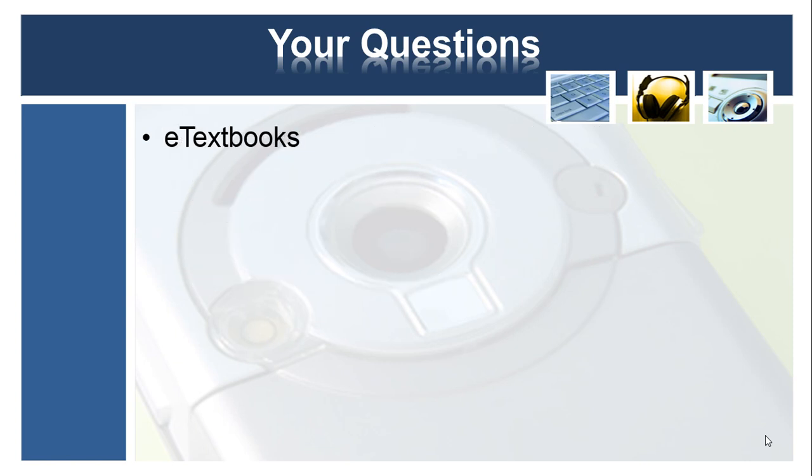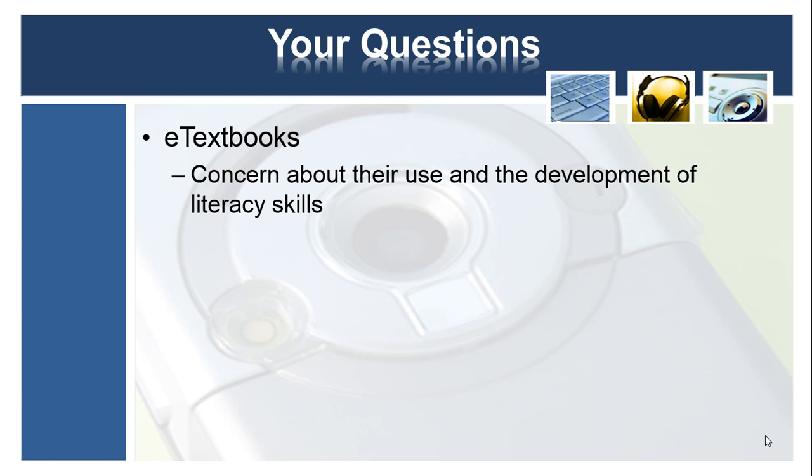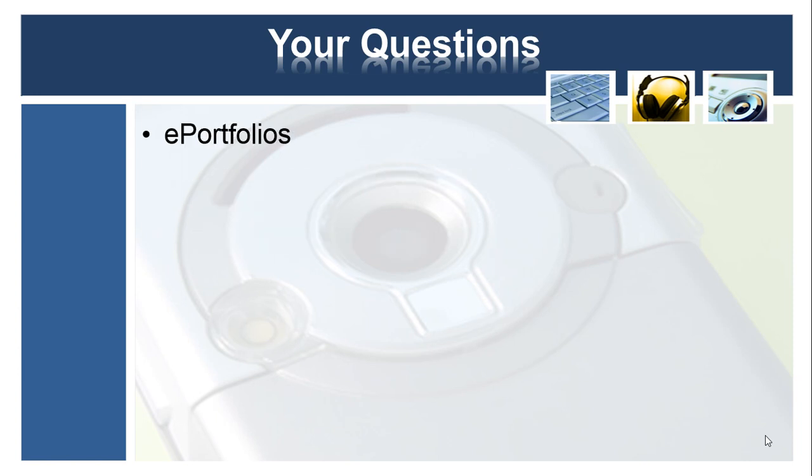You also had questions about the use of e-textbooks, and so, for example, you had concerns about their use in the development of literacy skills. You also wondered about benefits and drawbacks.